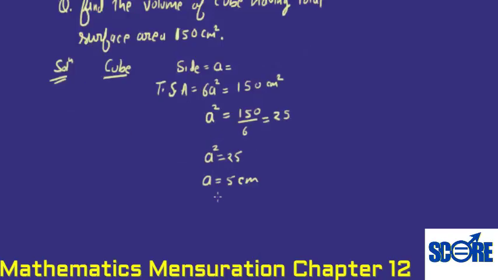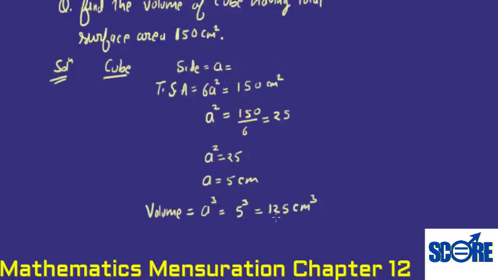Now in this question we have to find the volume of the cube. We know that the volume of a cube is defined as side cube, and the side we already found, that is a equals 5. So put a equals 5 here, 5 cube, and 5 cube is nothing but 125 centimeter cubic. So the volume of the cube is 125 centimeter cubic.